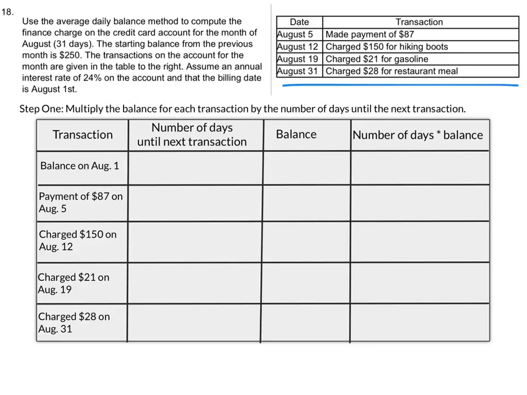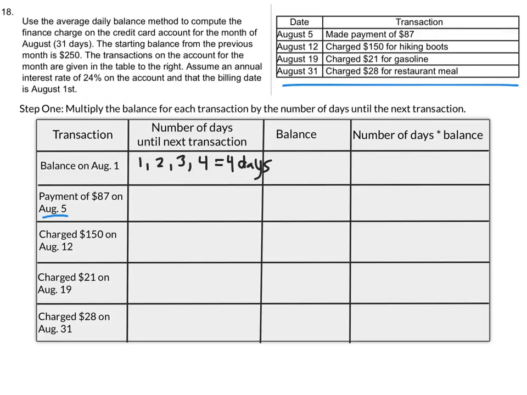So my first step is I'm going to look at the first row, which is the balance on August 1st, and I want to figure out the number of days until the next transaction. Well, as you can see, the next transaction is on August 5th. So I have the 1st, the 2nd, the 3rd, and the 4th of August until the 5th. So that is 4 days. Now I want to find the balance.